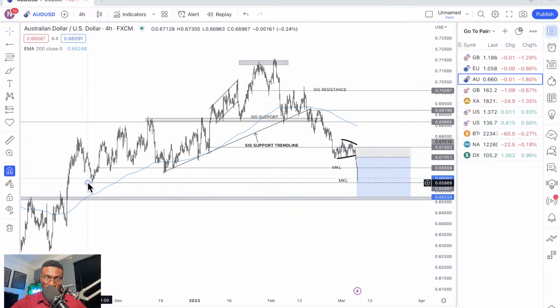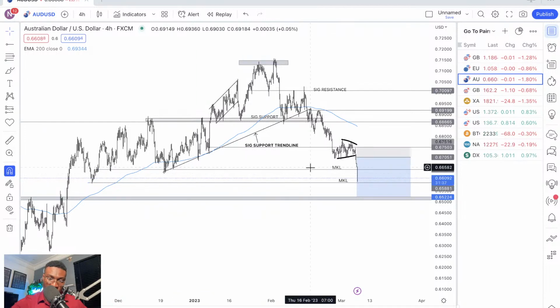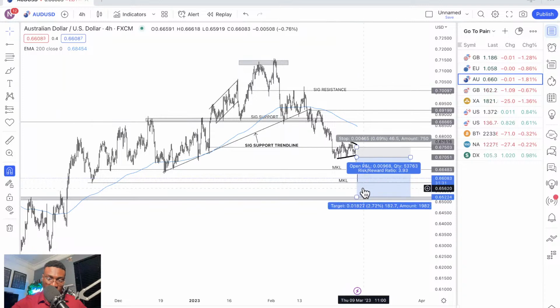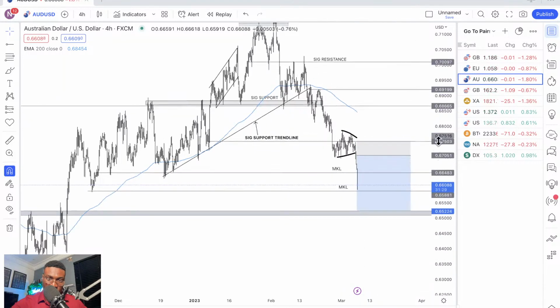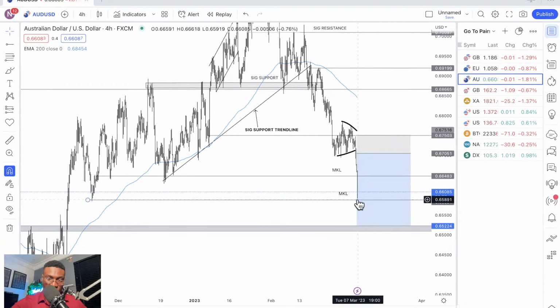This has served as a support level for the Aussie dollar market. This area right here has also served as one. It has broken below that. So the market is currently sitting at this minor key level, and obviously you want to pay attention to what it does here, because the last time it was here, it just pulled back up, right?